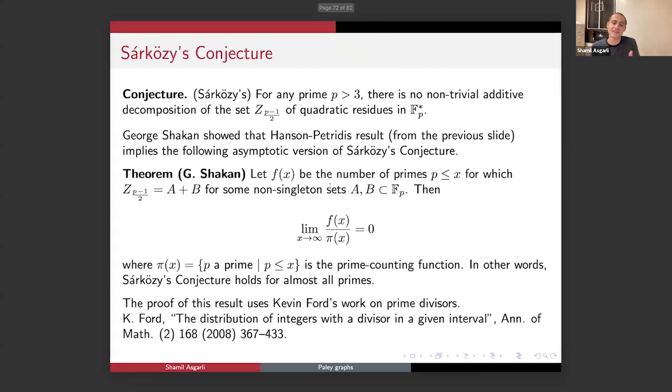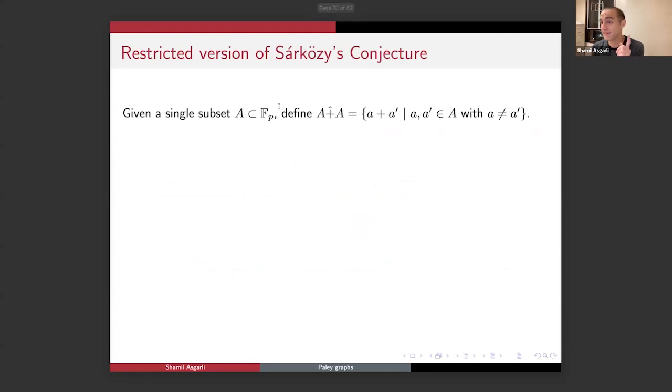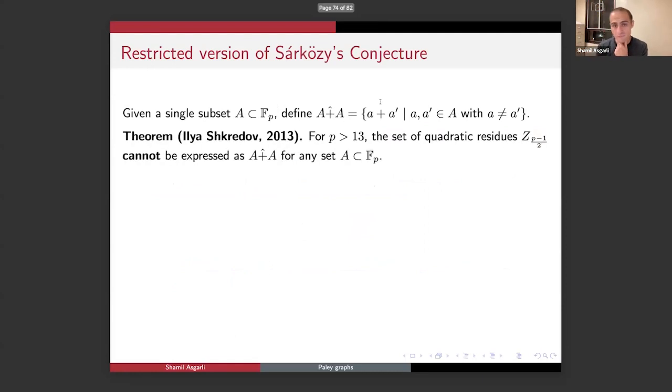In Shakan's result, this was only asymptotically true. Of course, Sárközy's conjecture is different because there's A plus B, two sets. Here, there's only one set, but this is a restricted sum. But it's amazing that this result is true for any prime P bigger than 13. And there are some examples of what happens when P is less than or equal to 13, and you can find some small counterexamples. It's not so interesting.